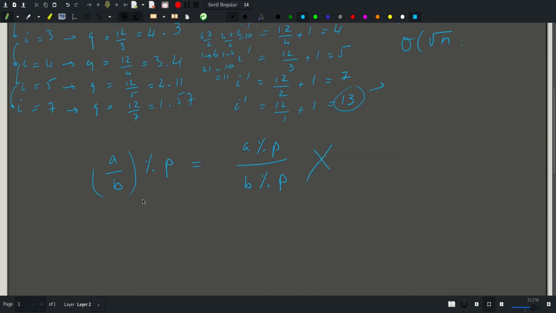The modulo can be distributed over multiplication, so a times b modulo p is equal to a mod p times b mod p. So that's correct. However, the division here is not valid. We cannot just divide by that.